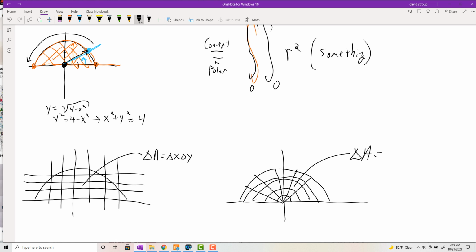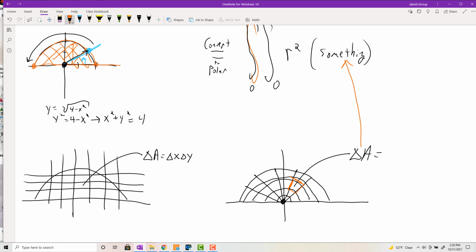And not only that, it's variable. The farther you get away from the center, the bigger r is, the bigger these regions are. So it's not like figuring out the area of a square where they're all the same area. No, it's not going to work that way. So what is the value of just maybe one region here? I think if we figure that out, we'll have the something that goes right here.